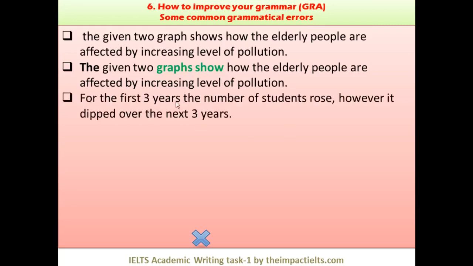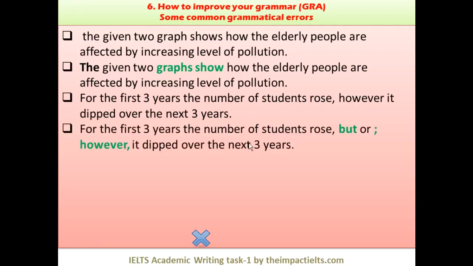For the first 3 years, the number of students rose. However, it dipped over the next 3 years, right? Let's check it out. There is no mistake here, but we cannot use however with a comma like this.